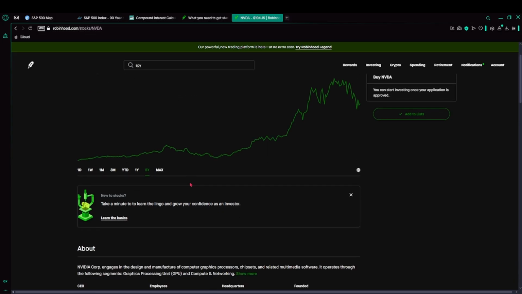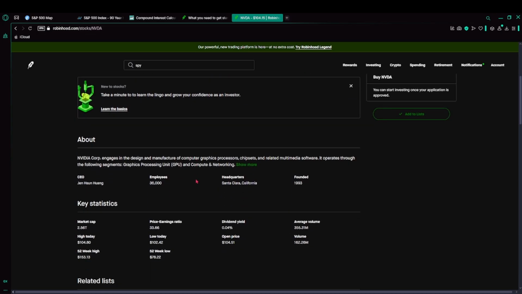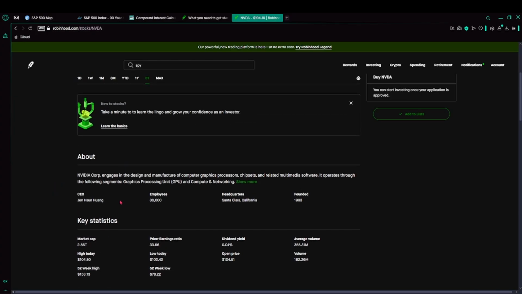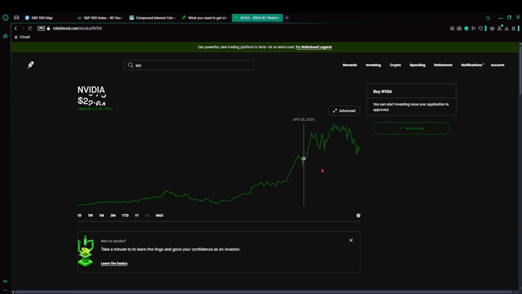Nvidia's market cap was recently 2.56 trillion. It's one of the biggest companies in the world, and you could have made 1,350% on your initial investment in the past 5 years.